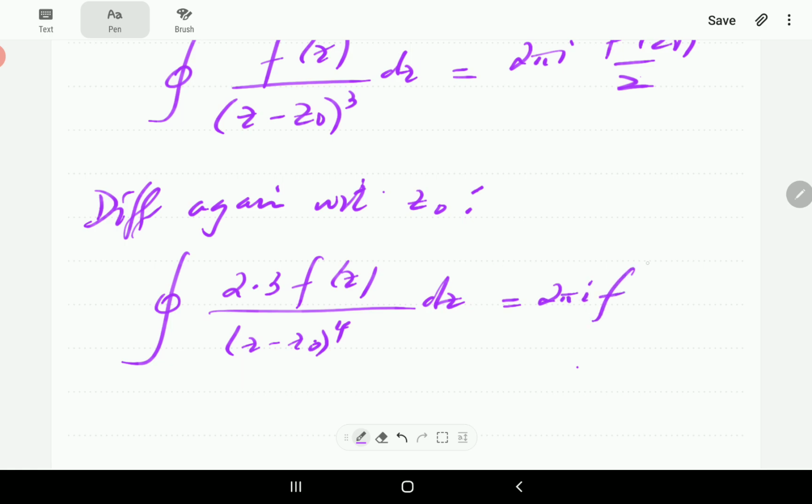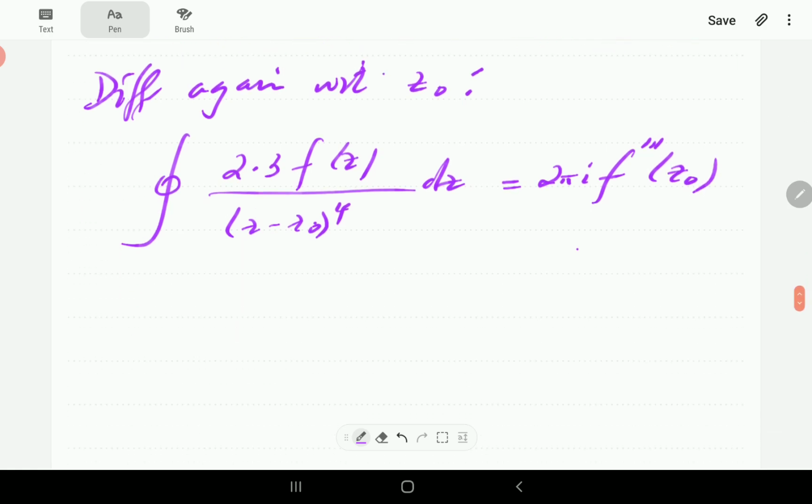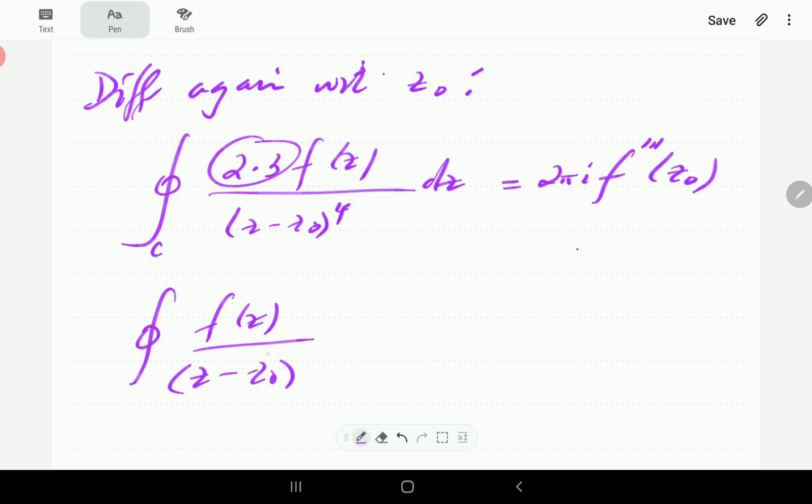On the right hand side, we now have the third order derivative of f. Now 2 times 3 is 3 factorial, so moving this to the right hand side gives us the integral of f of z over z minus z naught to the power 4 dz equals 2 pi i over 3 factorial times f triple prime of z naught.